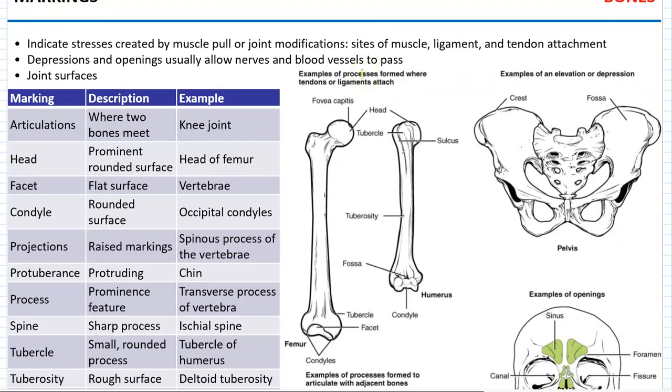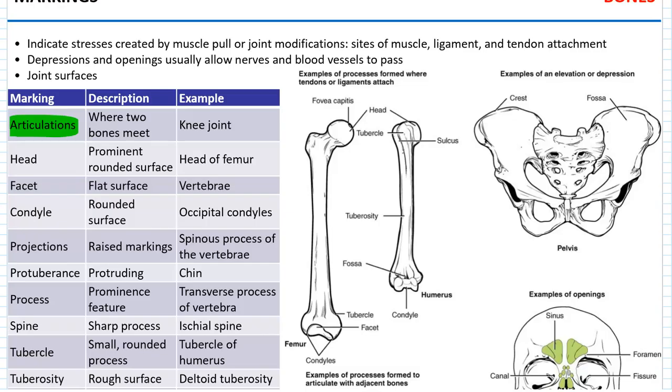So here's the deal. Bone markings. My goal is not to read the table for you. My goal is to tell you what you need to take out of this table and to highlight certain terms that you must know. So first of all, we're going to start with articulations. Articulation is where two bones meet.